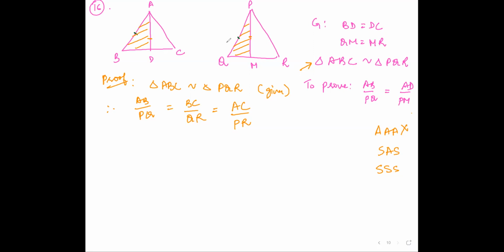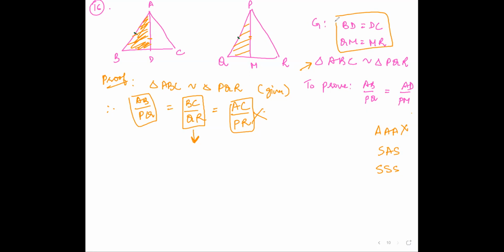AB by PQ, one corresponding side is equal. AC by PR is not part of the small triangle now, so this is of no use. Now I make use of BC by QR because at least two sides I need in proportion. Isn't it, Hamna? Yes, ma'am. So I can convert this BC by QR into BD by QM by making use of the given condition.